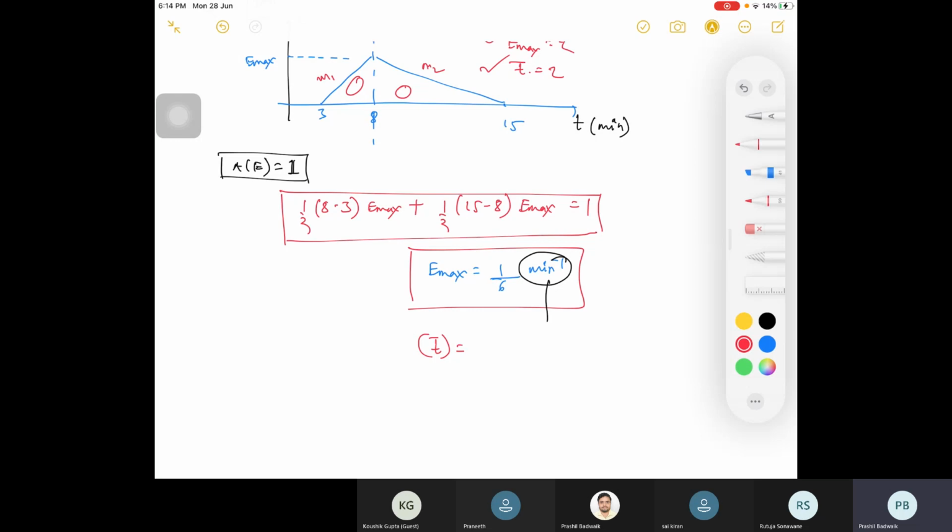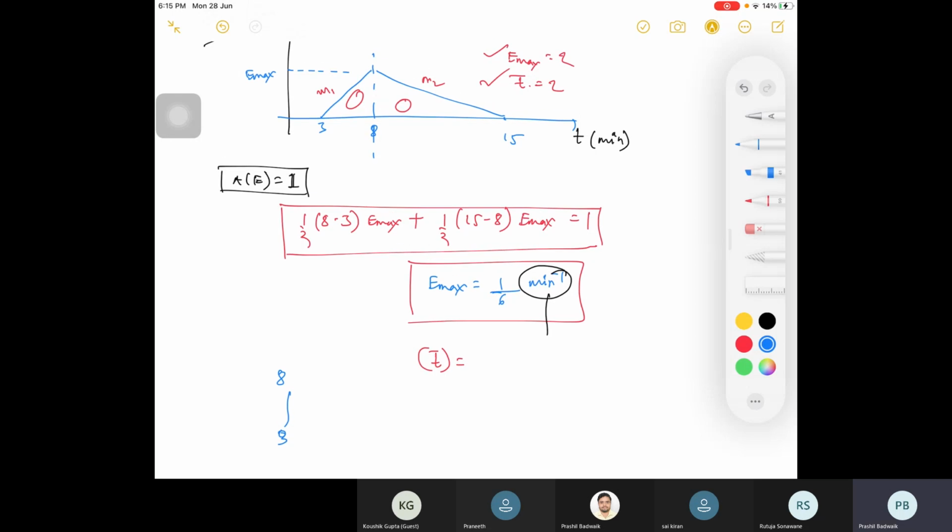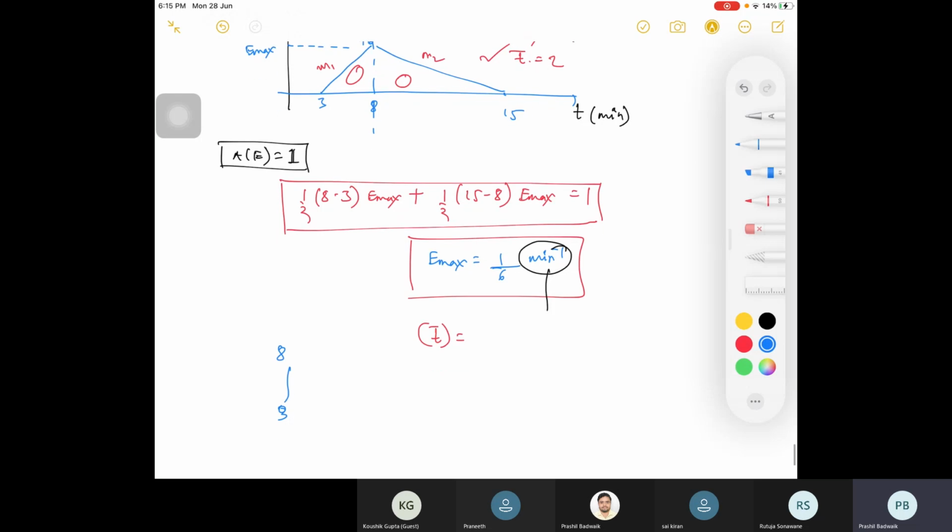Both are different. They are not opposite or minus of each other. Integration 3 to 8. Your M1 is, you know what is your E max, 1 by 6. So this is your 1 by 6 minus 3. You need to calculate that value, right?